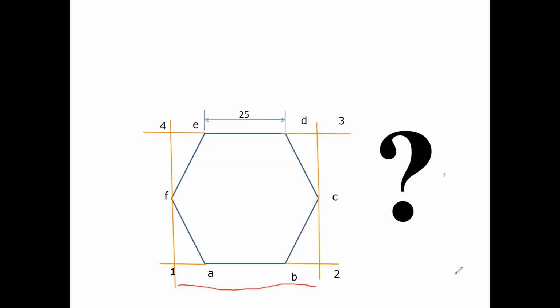Next, measure the distance and write the dimension of 1 to A, A to B, B to 2, and here this distance. So you can observe, this value and this value will be the same, this value and this value will be the same, and this value will be the same.